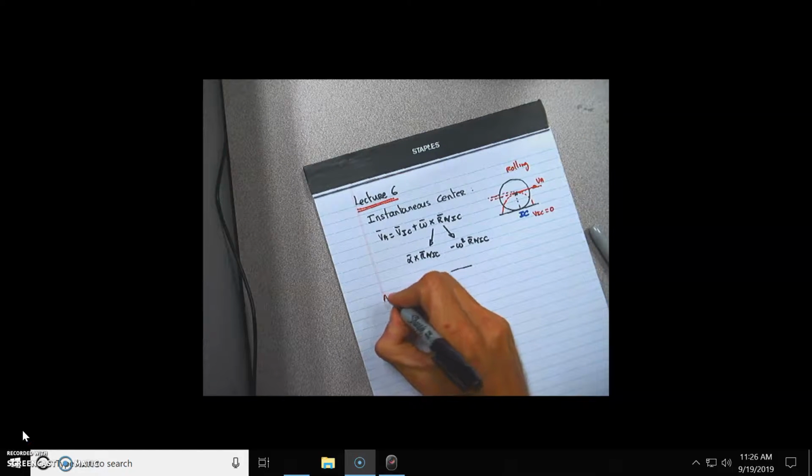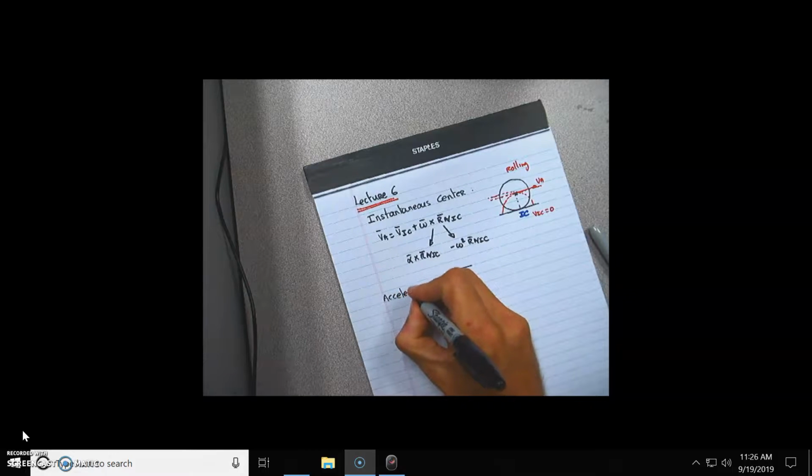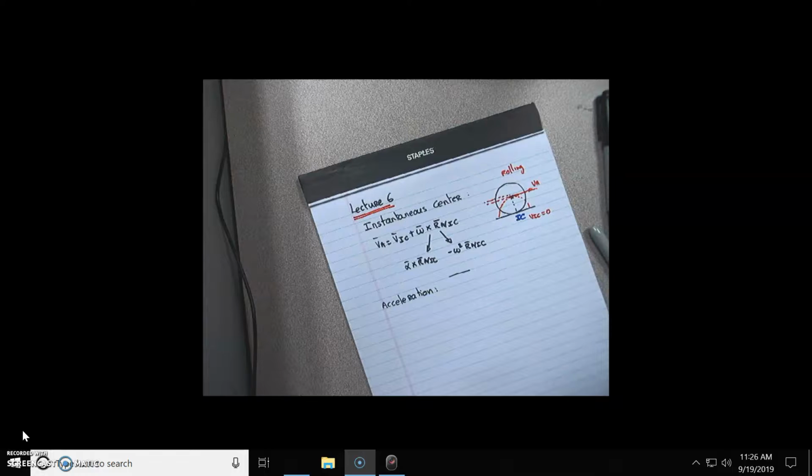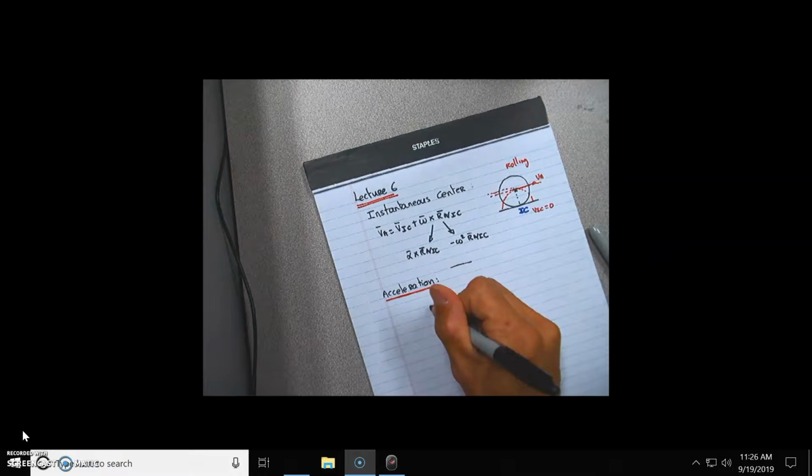For the acceleration, I take the same example as before.